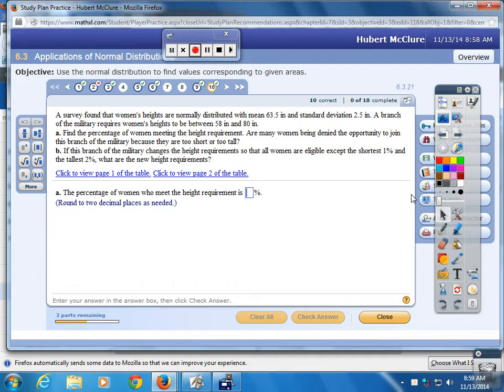Find the percentage of women meeting this height requirement. Are many women being denied the opportunity to join the branch of the military? And B, if this branch of the military changes the height requirement so that all women are eligible except the shortest 1% and the tallest 2%, what are the new height requirements?